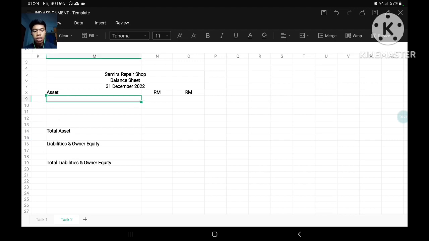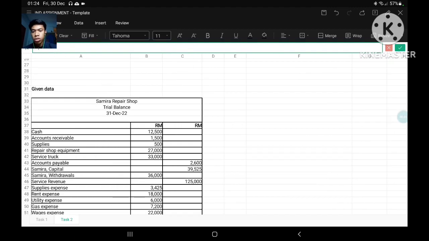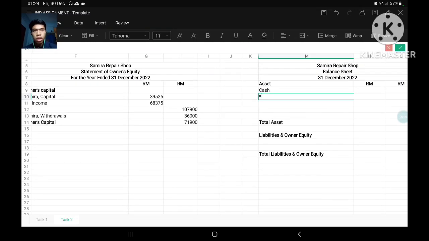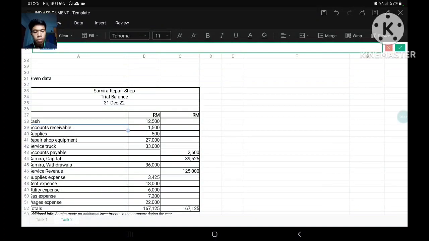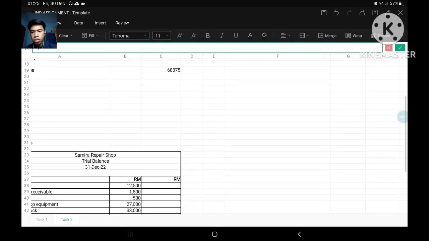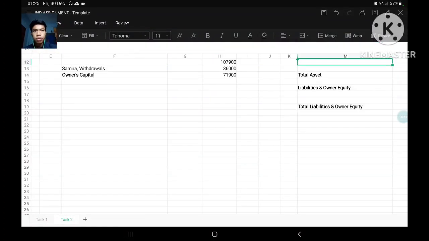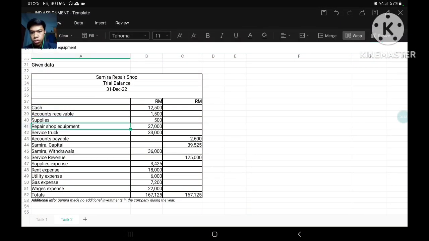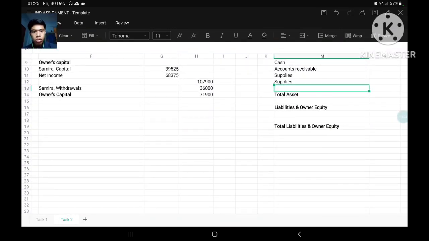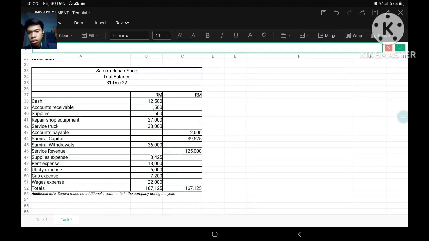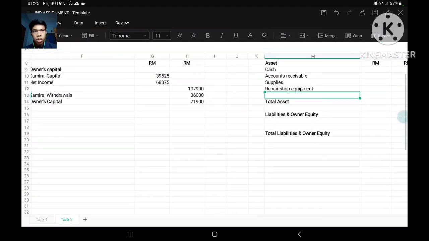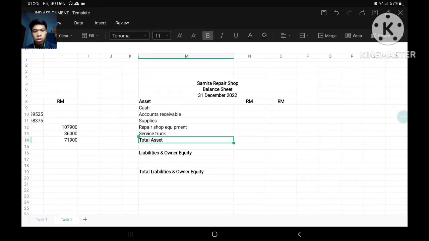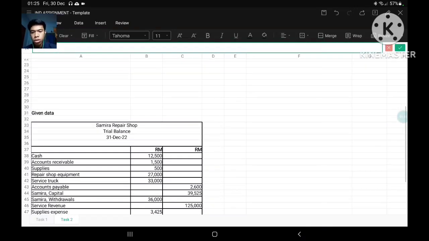Okay, first is the total asset: just equal, take all assets in this table, cash, and then the account receivable, and then supplies, equal repair shop equipment, and the last is the service truck, and take all the amount.